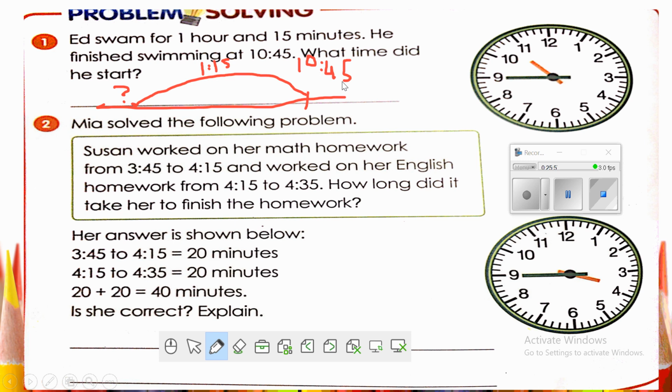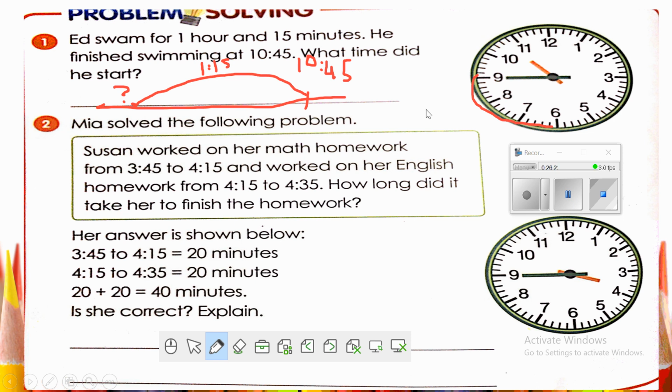Now here, am I going forward or backward? Perfect, I'm going backward. So let's go a quarter before. Here I go a quarter, 15 minutes. So the time will be 10:30. So 10:30. Go back again an hour. Excellent.